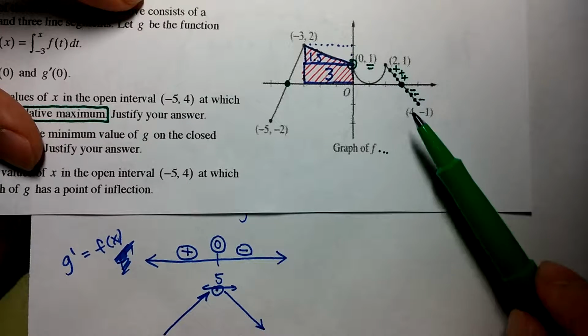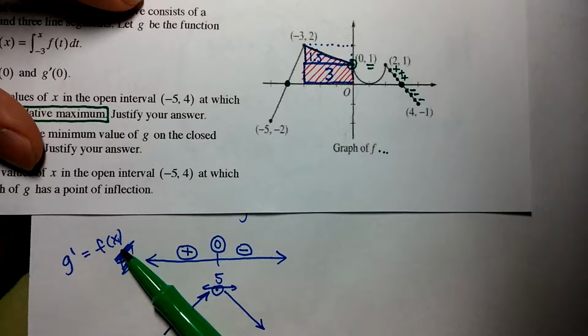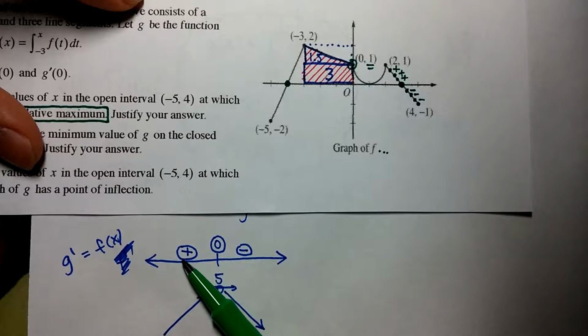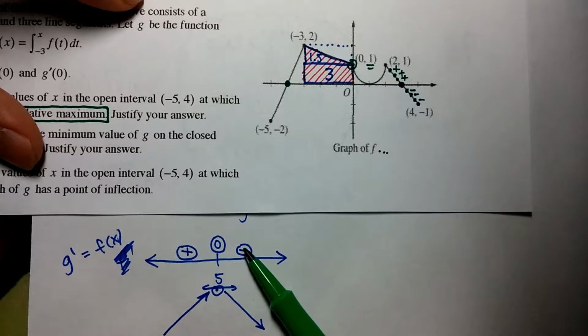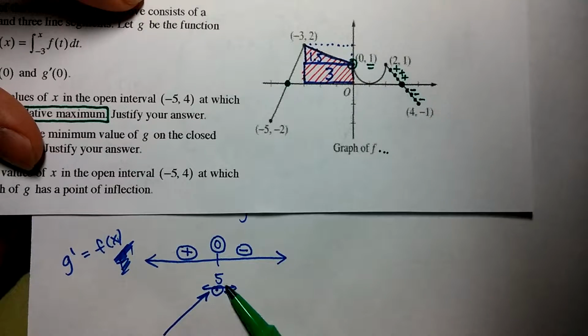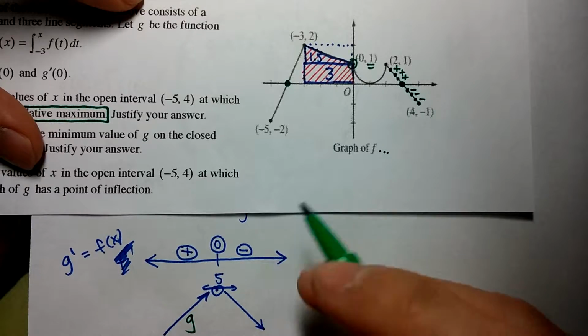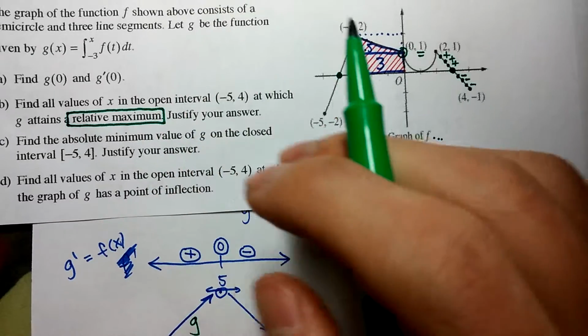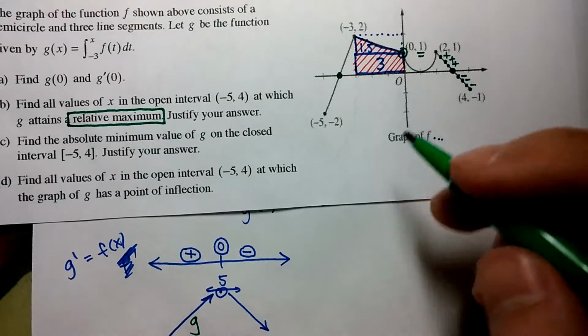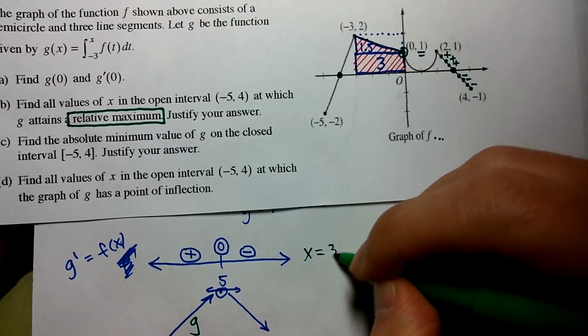So I hope that you can see that on the graph of f, which represents g prime, we have positive values changing into a 0, changing into negative values, which proves that my original function of g must be increasing, 0 slope, and then decreasing here. Okay, so we are attaining a relative maximum on x equals positive 3.